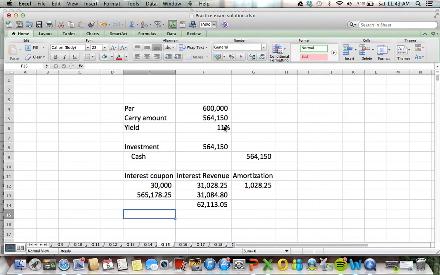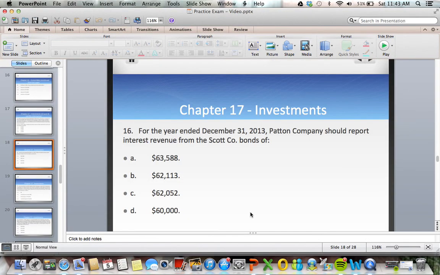We're just going to continue multiplying the carrying value times the yield. That's all. This is period 1 we summed, and then period 2 we summed. And we're getting 62,113.05. So the answer is going to be B, 62,113.